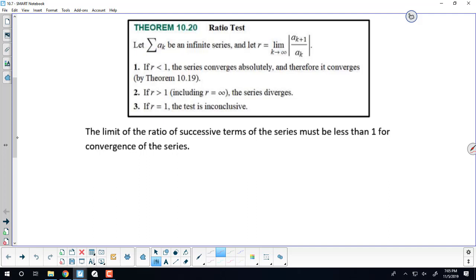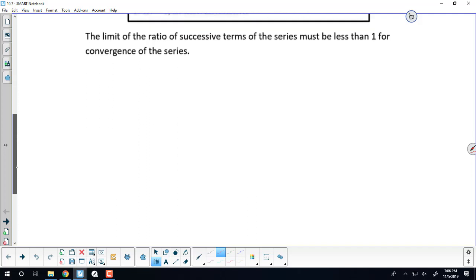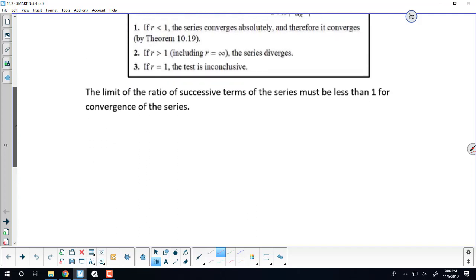For the ratio test and the root test, I don't think they actually prove this in your book, but the tail of those two tests is geometric, and so they behave like a geometric series. Remember, in the geometric series, if the absolute value of the common ratio was less than 1, there was convergence, and if it was larger than 1, divergence. So you've got a very similar thing here. I left that blank for this reason.